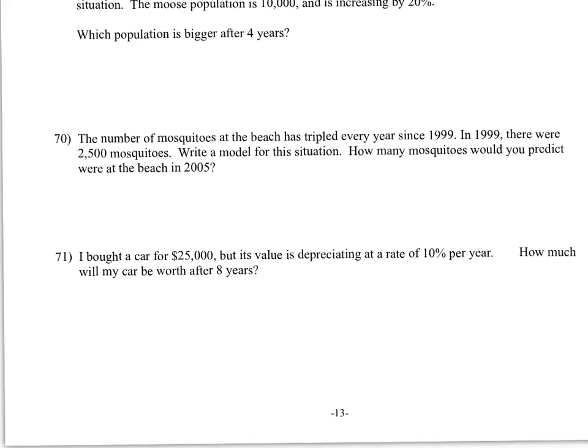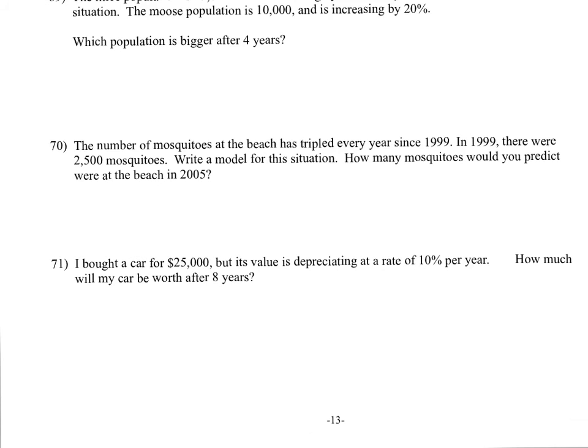All right. The number of mosquitoes has tripled every year since 1999. The key here is I'm going to set this equal to 0. So every year after that's going to be a number. So there are 2,500 mosquitoes, so it's my starting value. And then tripled, that's times 3 each year. In order to figure this out, we've got to figure out how many years after 1999 is 2005.